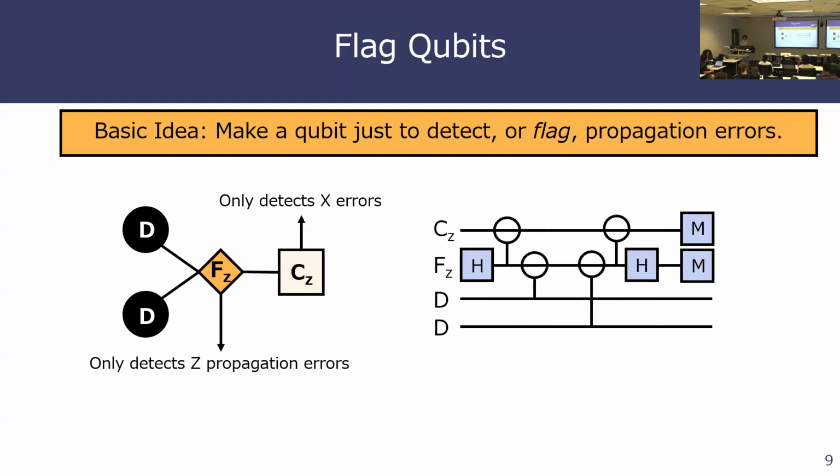If we look at our new circuit, this is how we entangle our data qubits with the check qubits. Even if I have a propagation error with my data and flag qubit, my flag qubit will read out 1 when I measure it. So now we can finally achieve my effective distance amount. And at the same time, if we even have an X error on my data qubit, I can still detect it using my Z-check qubit. This is ideally what we want.